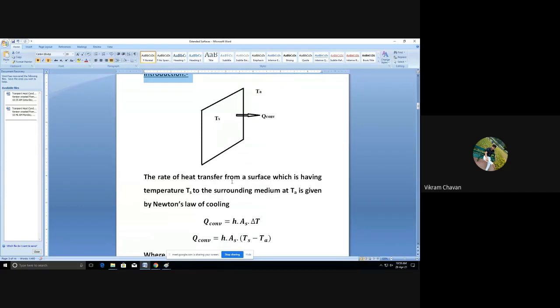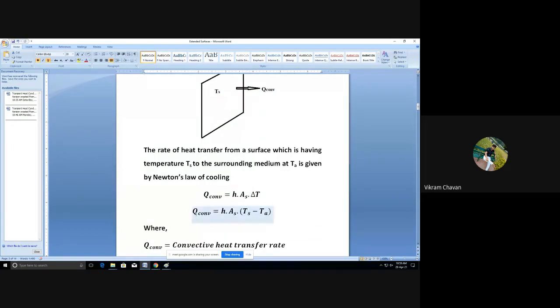Mathematically, we can write Newton's law of cooling as Q convection is equal to H multiplied by A suffix S multiplied by delta T. Further, you can write this equation as Q convection is equal to H multiplied by A suffix S multiplied by (Ts minus Ta).